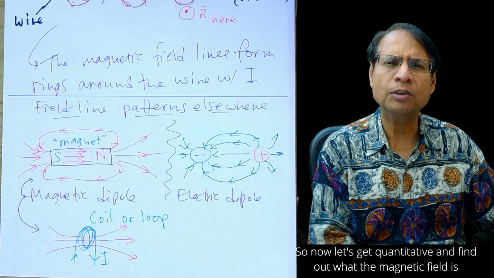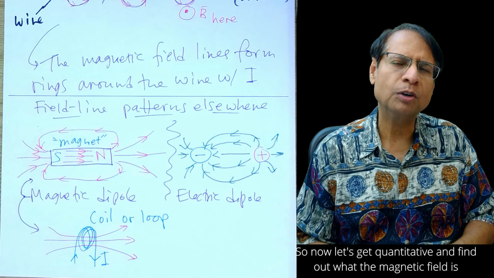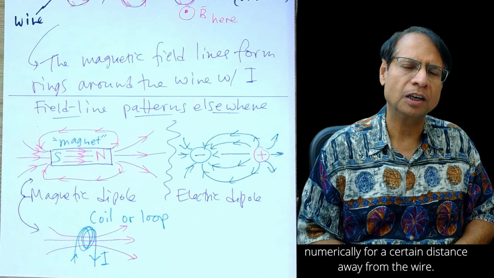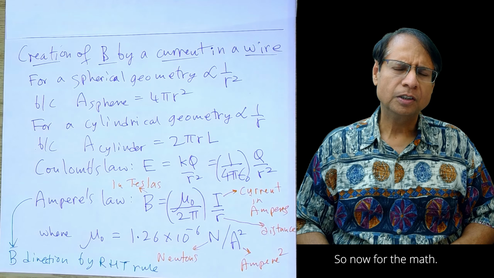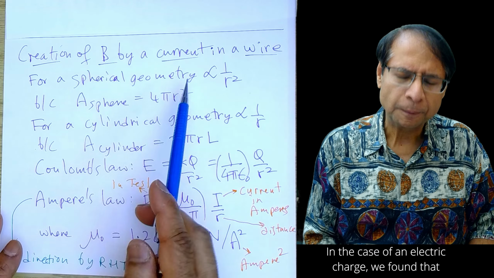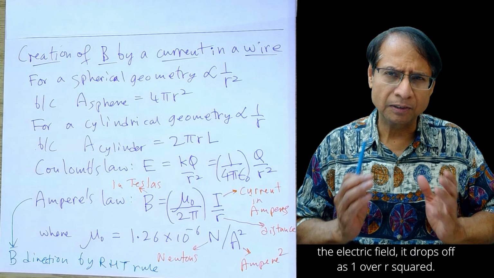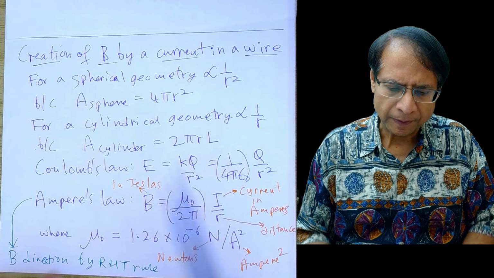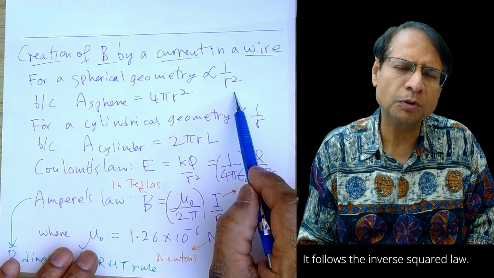So now let's get quantitative and find out what the magnetic field is numerically for a certain distance away from the wire. So now for the math. In the case of an electric charge, we found that the electric field drops off as 1 over r squared. It follows the inverse square law.